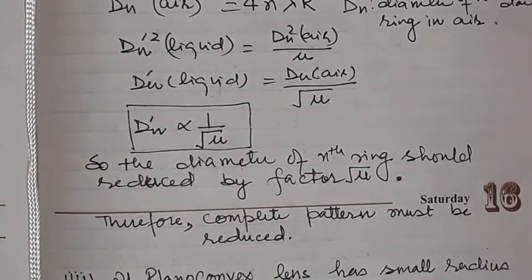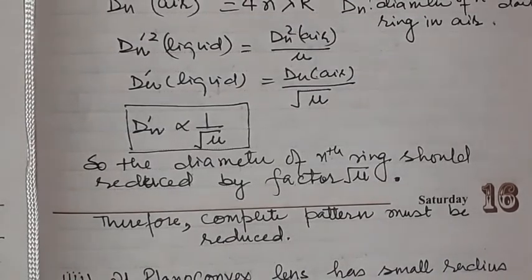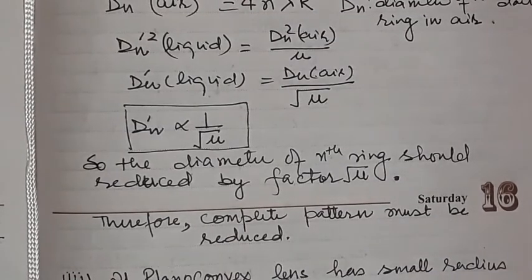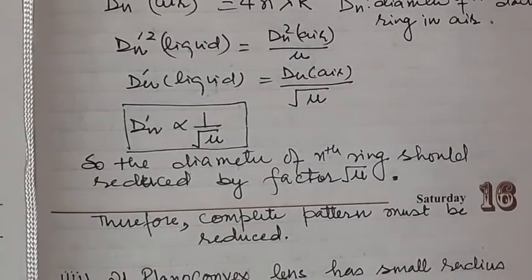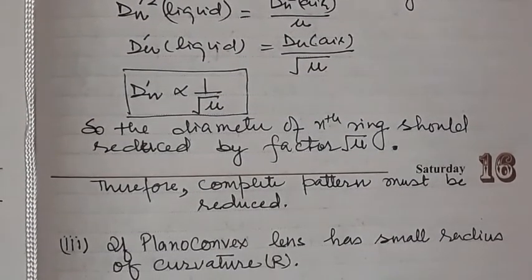Now the third important problem which we are going to discuss: what would happen if a plano-convex lens has a small radius of curvature?